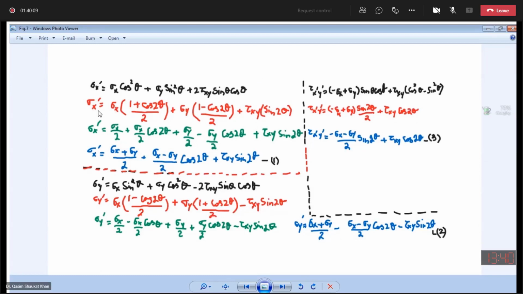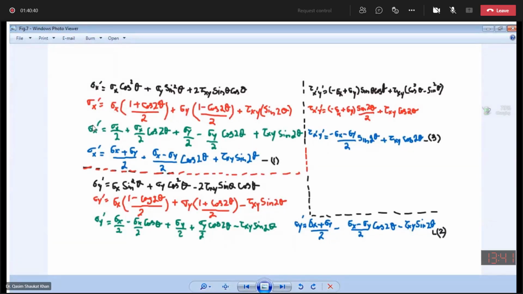So my sigma x dash equation is sigma x dash is equal to sigma x, and in place of cos square theta I have put 1 plus cos 2 theta over 2, plus sigma y sine square theta. In place of sine square theta I have put 1 minus cos 2 theta over 2, plus tau xy 2 sine theta cos theta I have replaced with the identity sine 2 theta. Now I will simplify this equation first by opening the bracket.